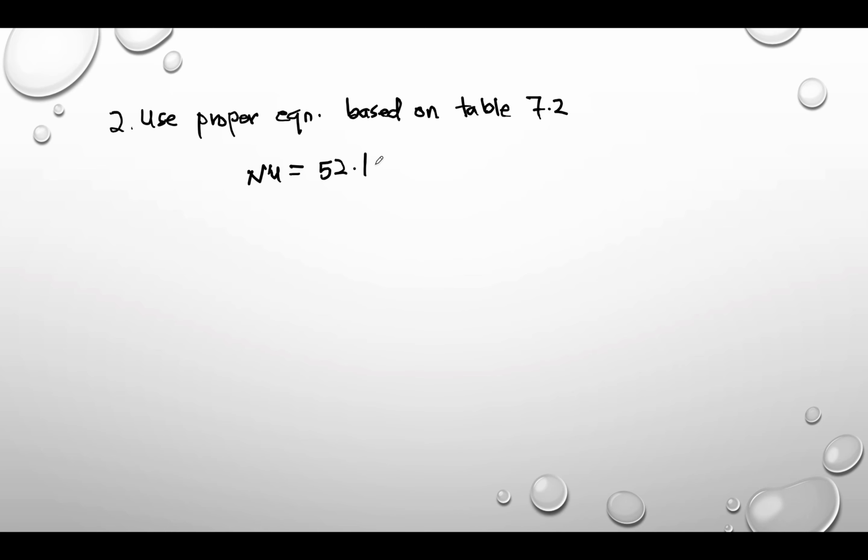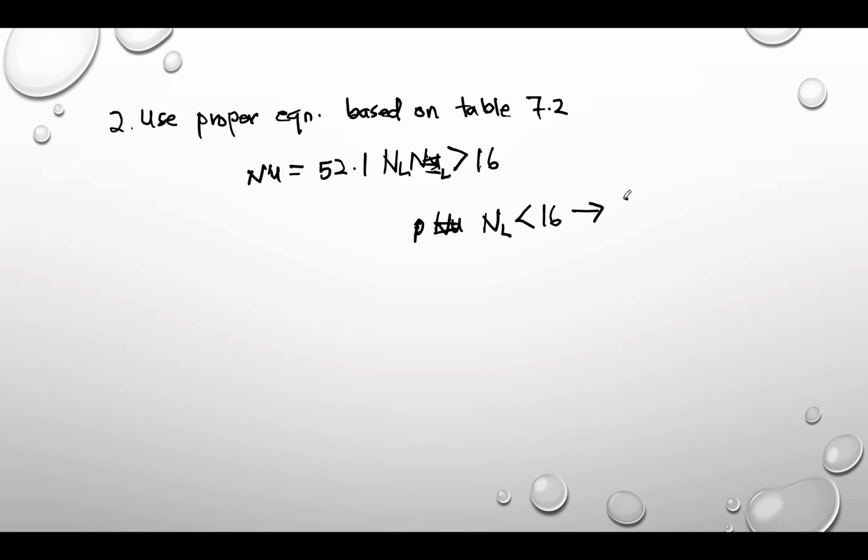Next, we have to correct the Nusselt number. This Nusselt number is for number of rows greater than 16. But in your question, the number of rows, NL, is below 16.